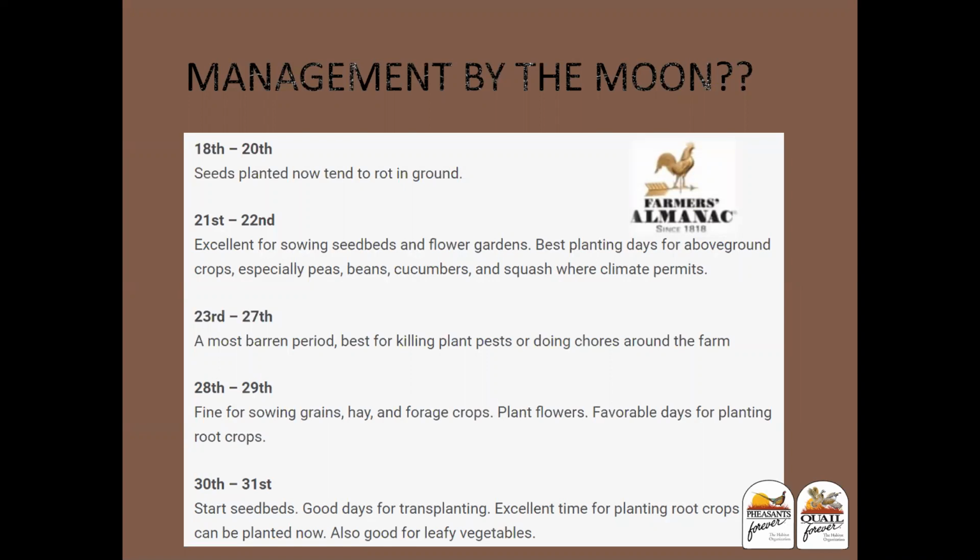So that is the most barren period. It's best for killing plant pests. So if you're having some cool season grass issues and you're looking to do some management, probably consider that 23rd to 27th. It's been working for me, but then again, you got to believe it to actually have it work.